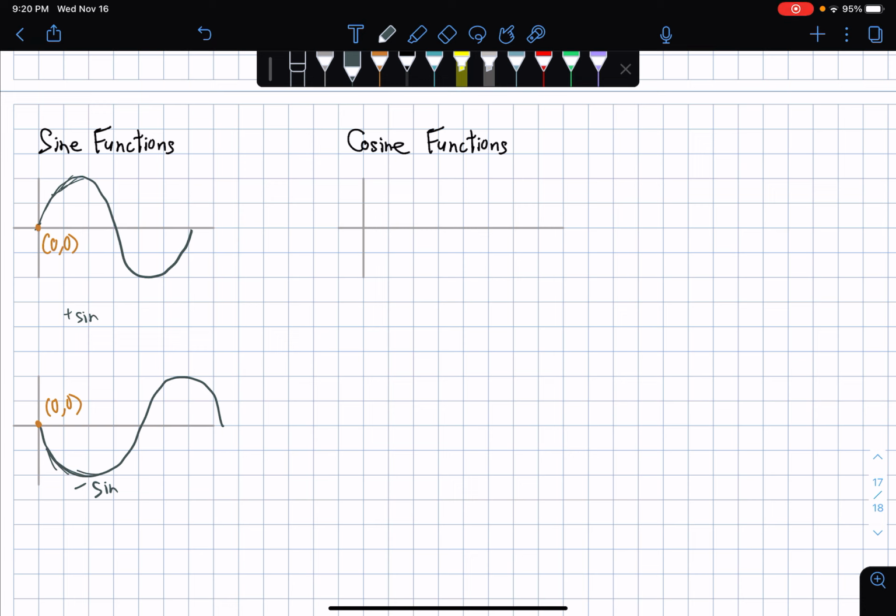Now, for cosine functions, if it's positive, you start from the amplitude. By the way, the amplitude is the crest and trough of your graph, basically the very top and the very bottom of your graph. So a cosine function, if it's positive, we descend like that.